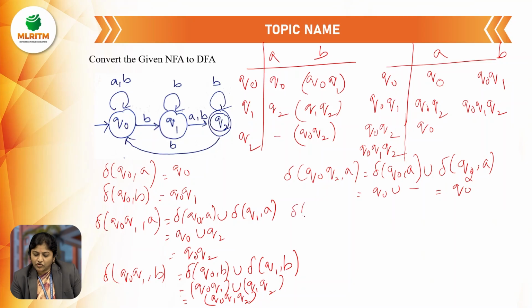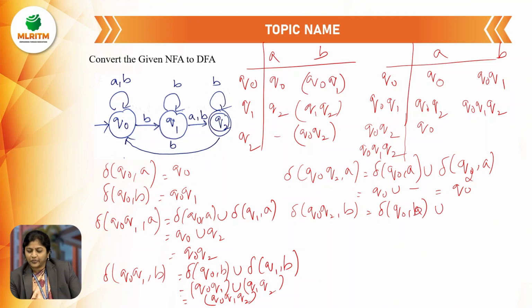Next, the transition of Q0, Q2 on B. As we are dealing with B here, we need to solve for B. So Q0 on B union the transition of Q2 on B. Q0 on B is Q0, Q1.